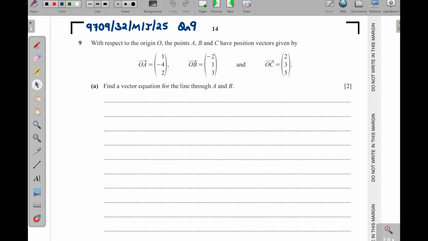Question 9 is coming from vectors. With respect to the origin, the points A, B, and C have position vectors given by this.